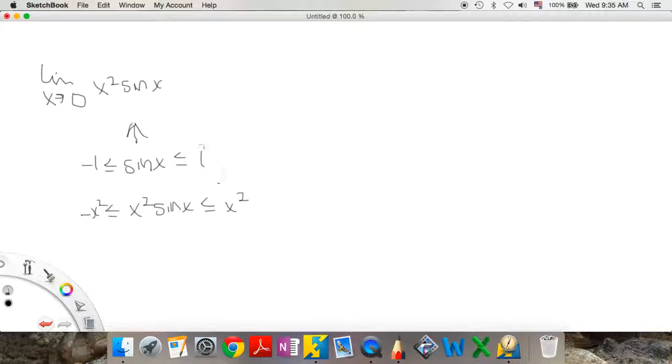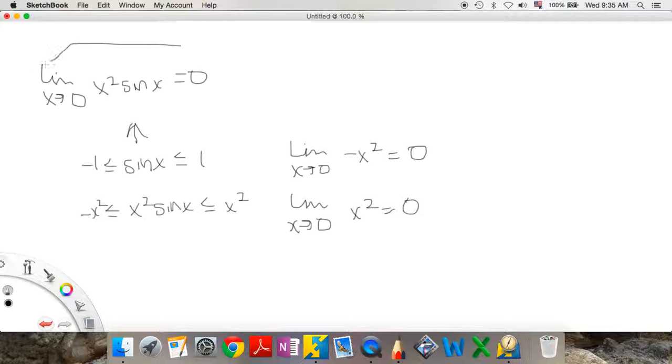Think about that for a second. Make sure you've got that. So if we know that the limit as x goes to 0 of -x squared is 0, and we know that the limit as x goes to 0 of +x squared is 0, then that means this limit is 0 as well. We'll talk about that some more in class to make sure you've got it.